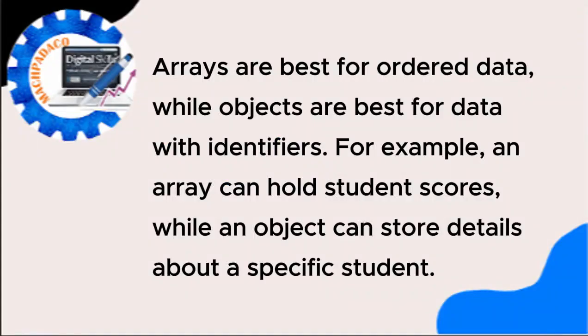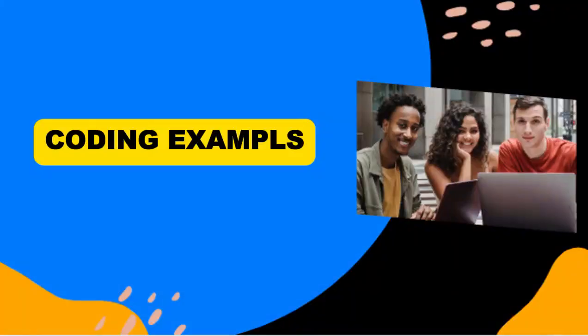Arrays are best for ordered data, while objects are best for data with identifiers. For example, an array can hold student scores, while an object can store details about a specific student.